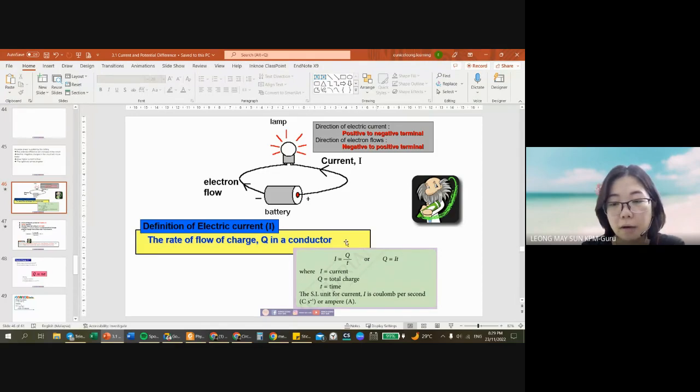Again, to remind all of you, whenever we deal with a physics formula, it has to be in SI units. The SI unit for current is ampere, the SI unit for charge is coulomb, and the SI unit for time is second. So remember that whenever we want to play around with this formula, it has to be in SI units.